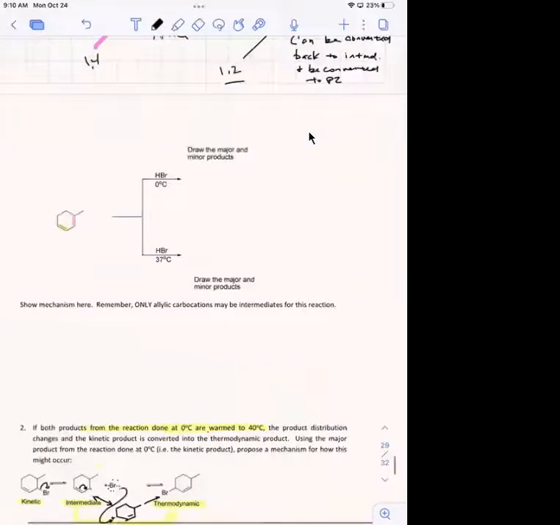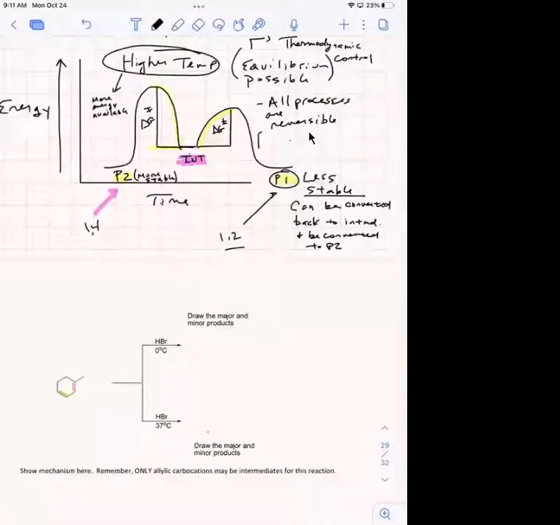So the 1,2 product, if it's higher in energy, it doesn't matter. At higher temperatures, there's more energy available, so it can actually go back and traverse back to the intermediate, because under these conditions, everything is reversible.